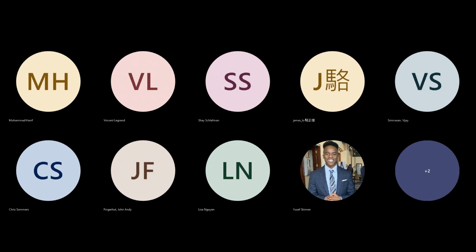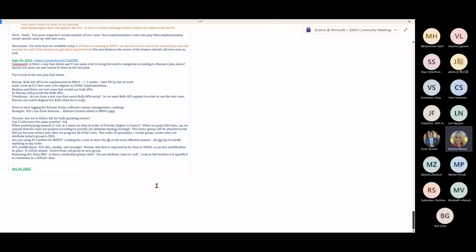So I'll go ahead and share my screen. Okay, can you guys see? Yes. Okay, great. So this is what we talked about last week, Anton's test plan that he submitted, and here are the bulk SAI APIs.